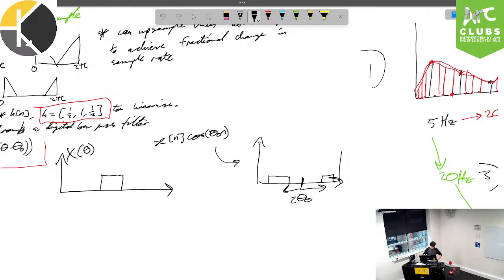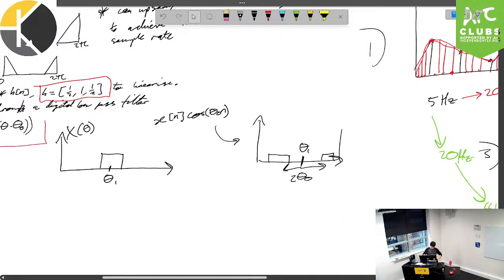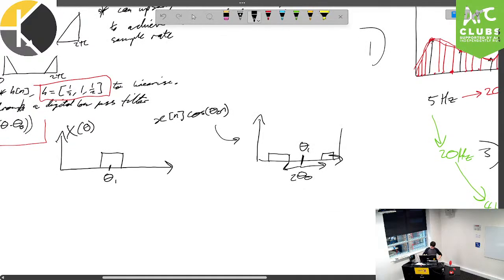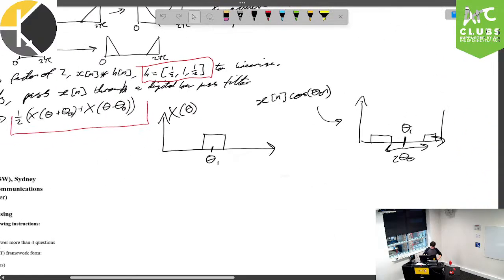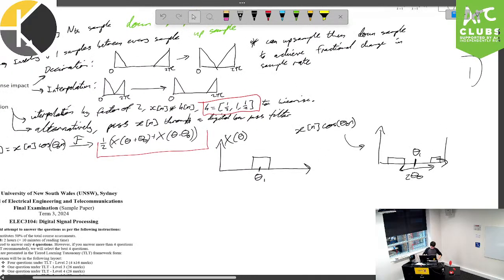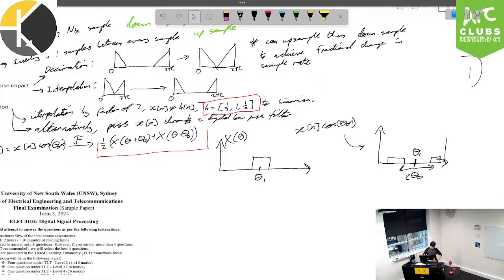Where your center frequency would still be theta. Actually, I'll denote this theta 1. All right. So important to note, it splits the amplitudes in half. But yeah, it's a pretty cool thing and has future applications.